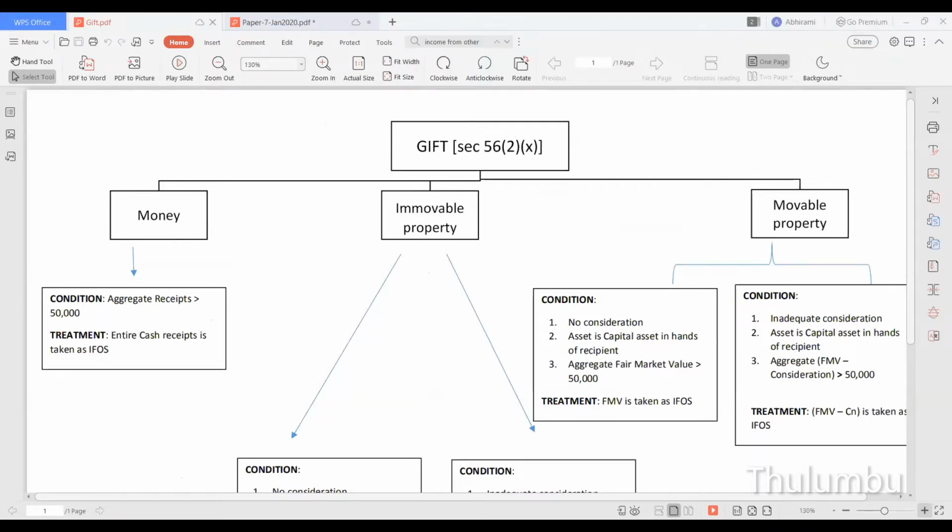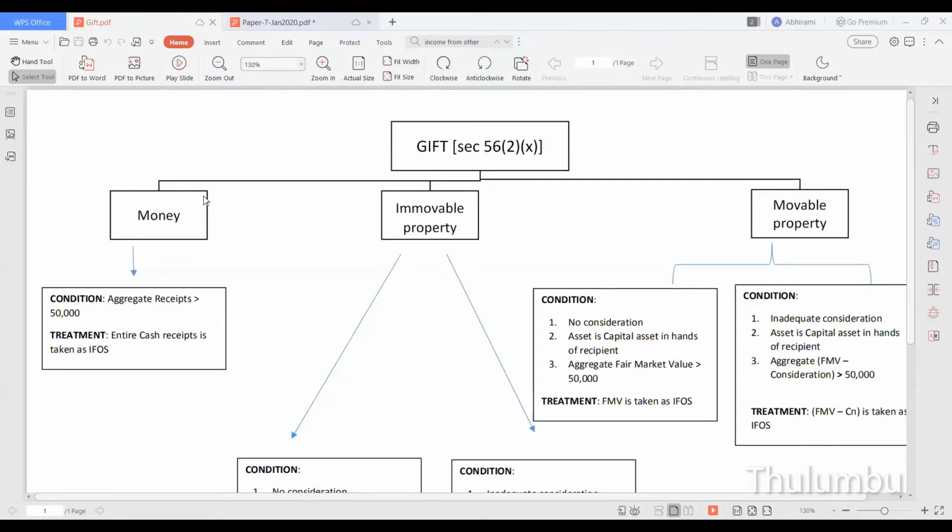Gift is very, very important. You can expect it in the exam, because one of the important areas asked under income from other sources is gift. In gifts, we have 3 kinds.